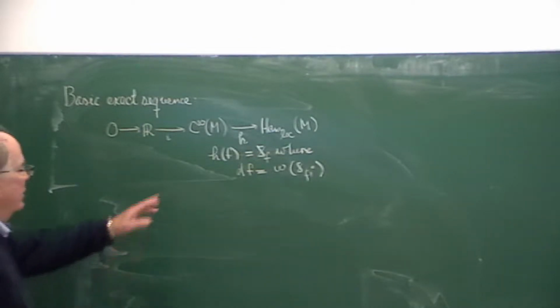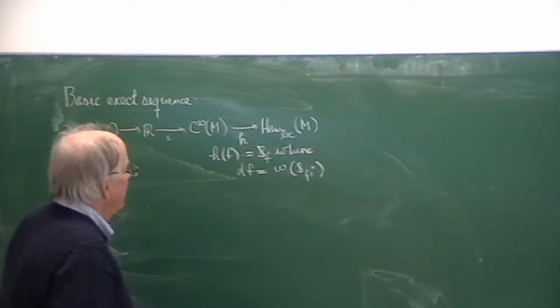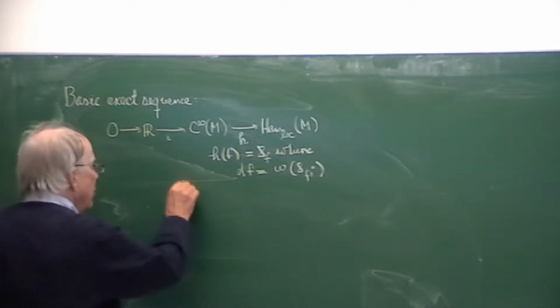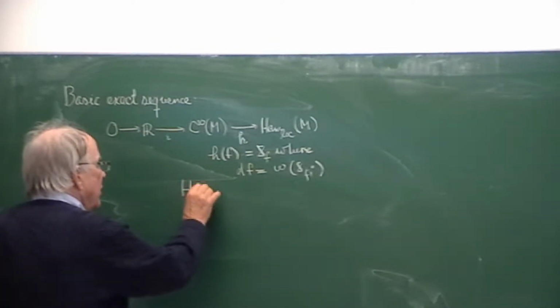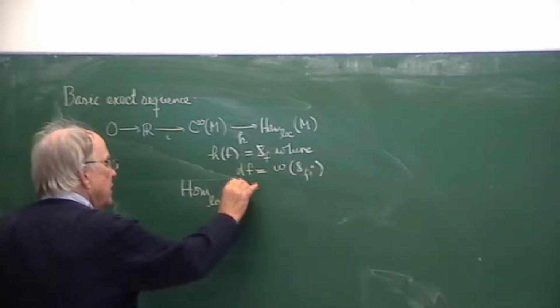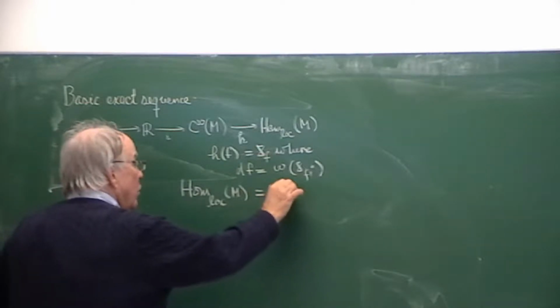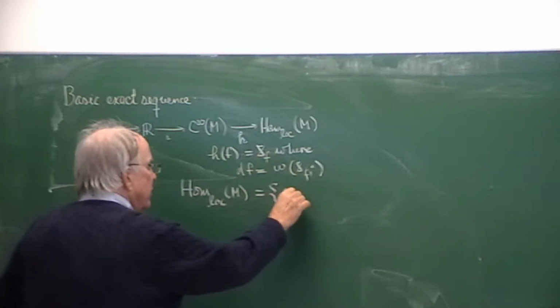And this is the mapping that takes a function to the associated Hamiltonian field, and we know that you land in what I call the local Hamiltonian fields. These are the fields that are the local isometries of the symplectic form.